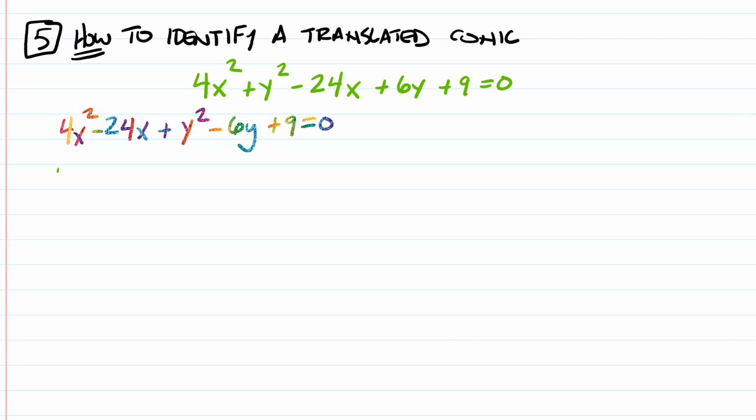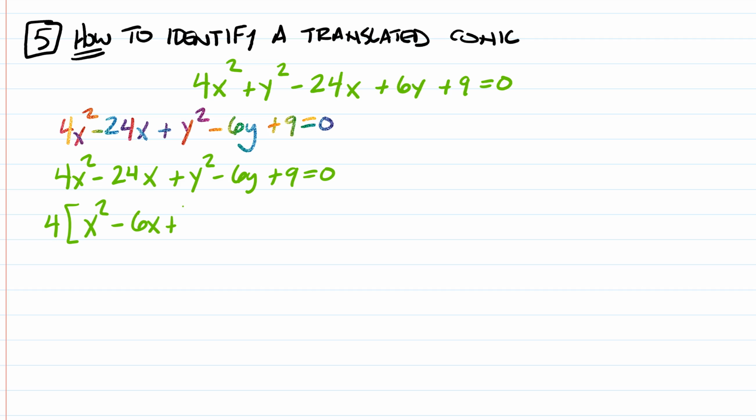Okay, so I'm going to do 4x squared minus 24x plus y squared minus 6y plus 9 equals 0. What we want to do is factor out any leading coefficients that aren't a 1. So I could take out a 4, and that will leave me with x squared minus 6x plus something.